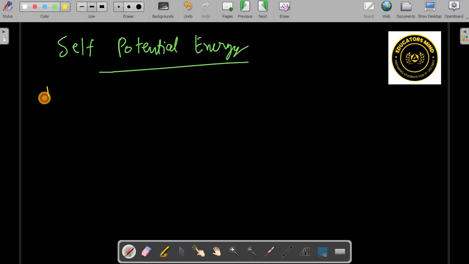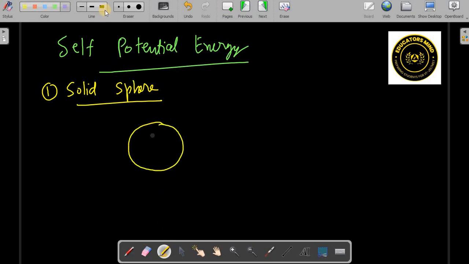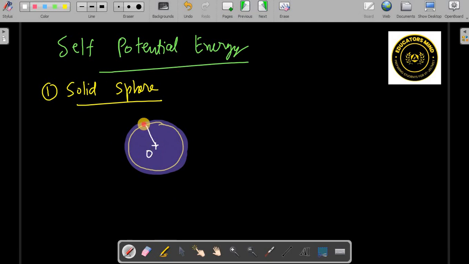Suppose we take a solid sphere, and the radius of this solid sphere is capital R. How is this mass built up?